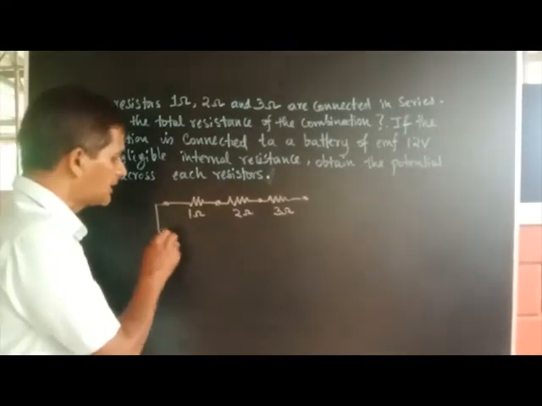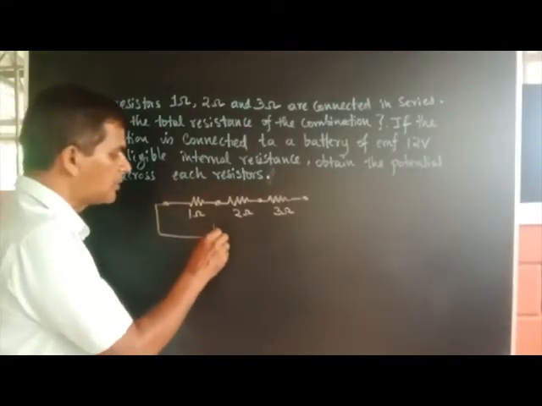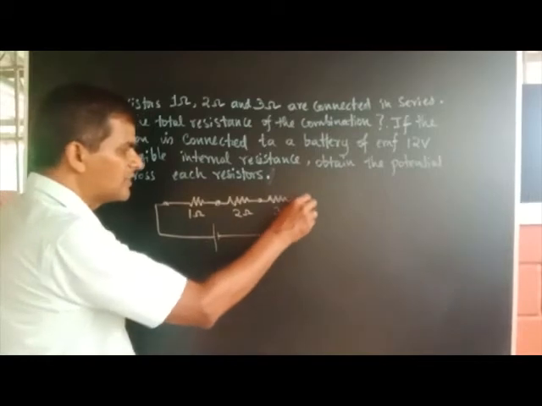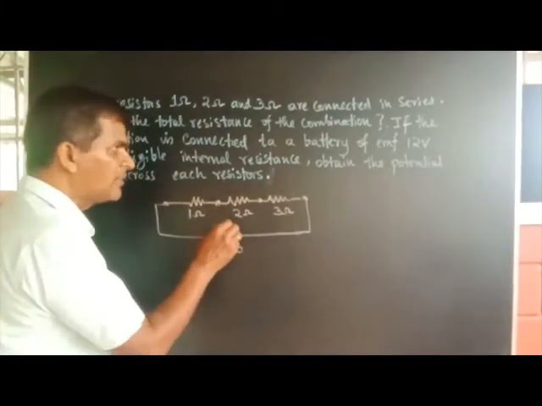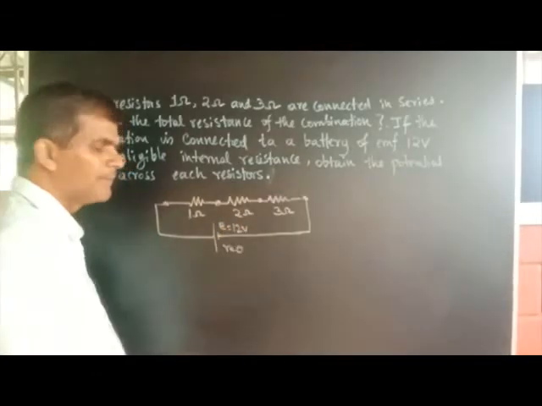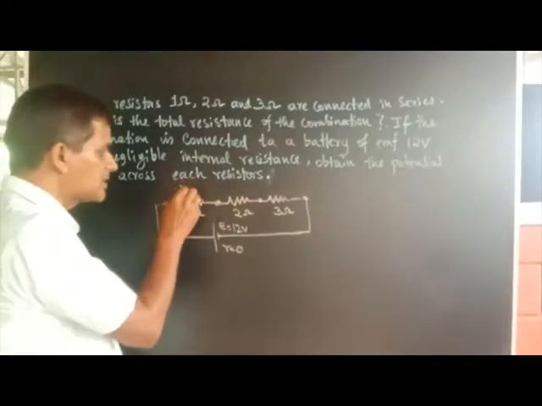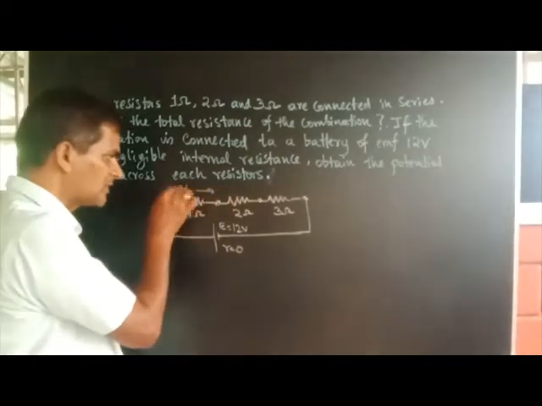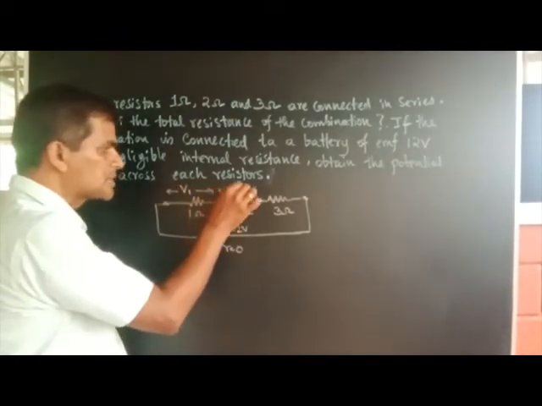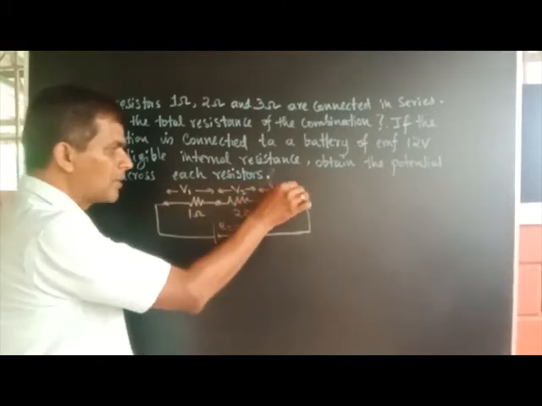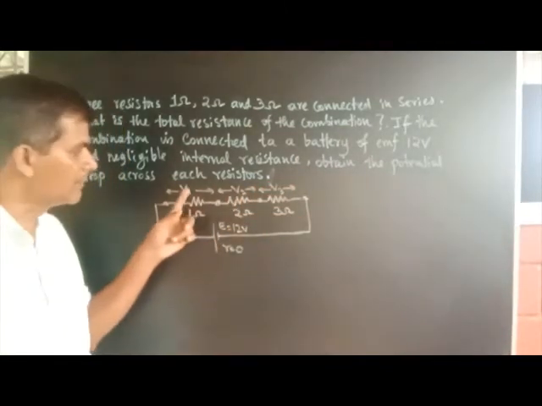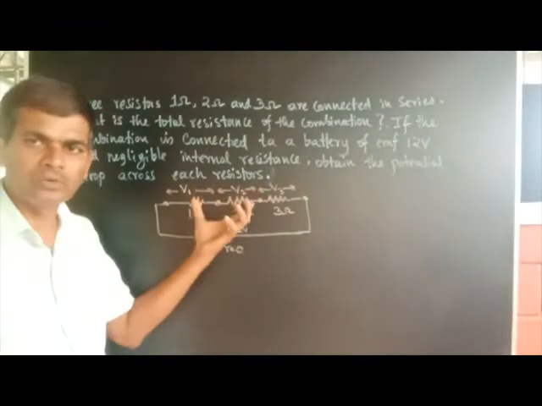I will connect a battery of internal resistance 0 and EMF 12 volt. Then what is the potential drop across the first resistance V1, the potential drop across the second resistance V2, and the potential drop across the third resistance V3. V1, V2, V3 I have to find out.